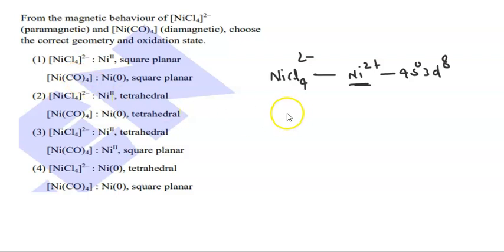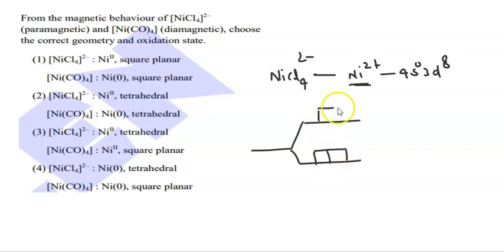Here chlorine is a weak field ligand, and in the presence of 4 weak field ligands, the d orbital is split into two levels, the e level and the t2g level, with 8 electrons filled, and no d orbital is empty here. That's it, it will undergo sp3 hybridization, and the shape of that complex is tetrahedral.